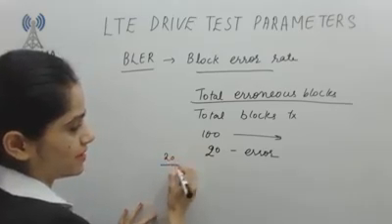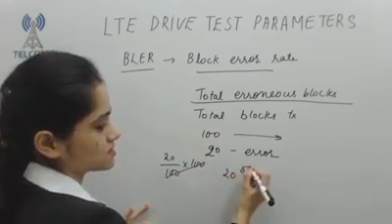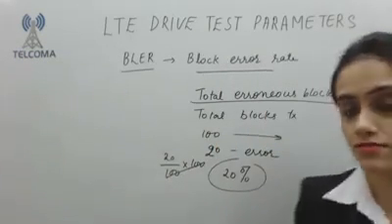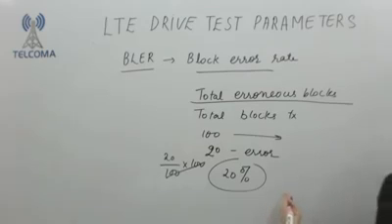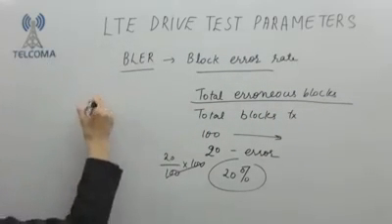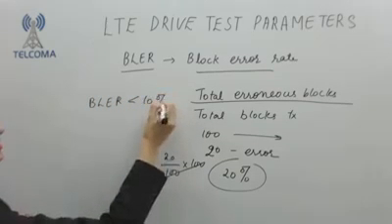So 20 divided by 100 multiplied by 100, this is in percentage. I can say 20%. I have 20% error blocks if I am transmitting 100. So 20% is not a good value, and my BLER value should be less than 10%.